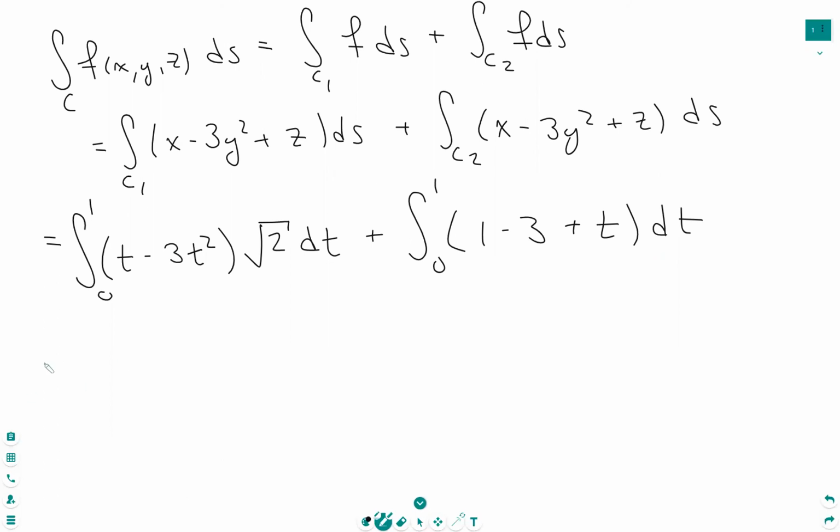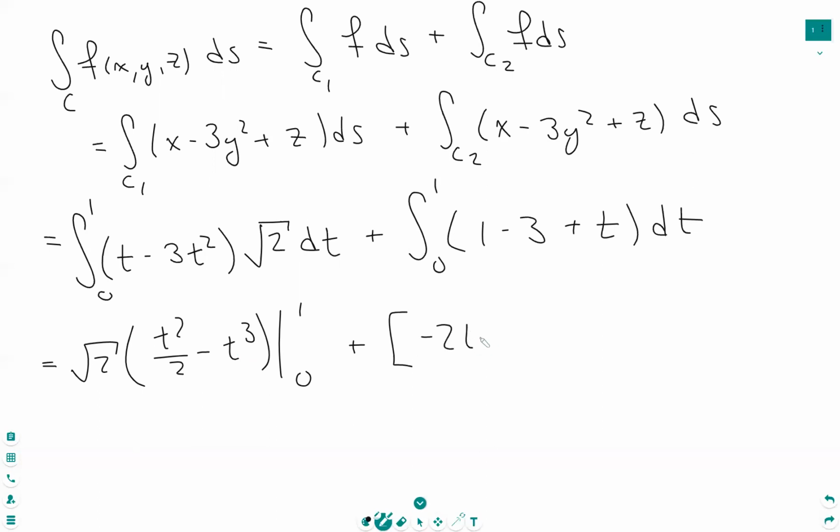So we actually can go ahead and take these integrals. So we can move this root 2 outside, and then we can have a t squared over 2 minus a t cubed evaluated at 0 and 1. And then over here, we can have a negative 2t plus t squared over 2 evaluated at 0 and 1.